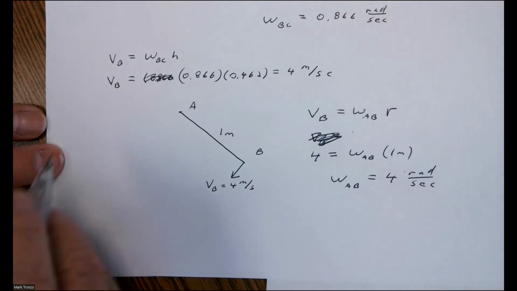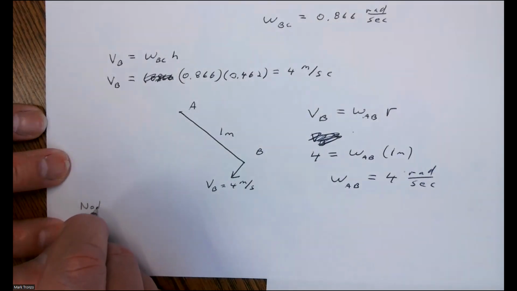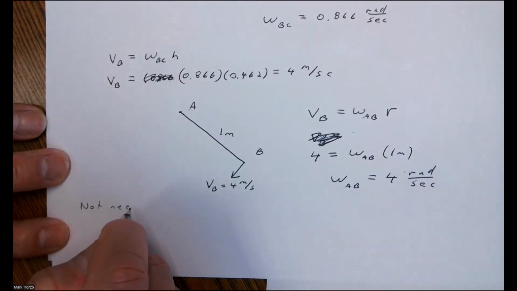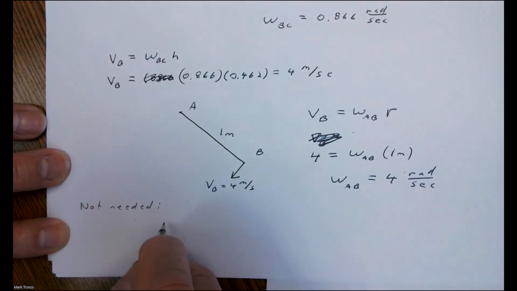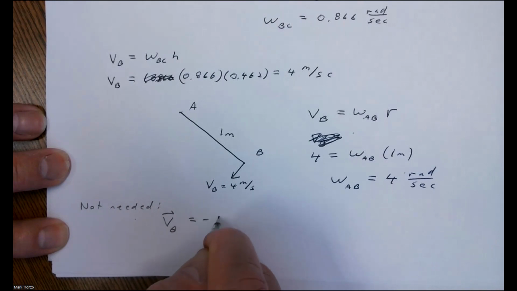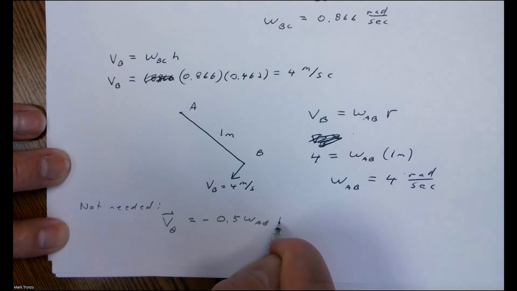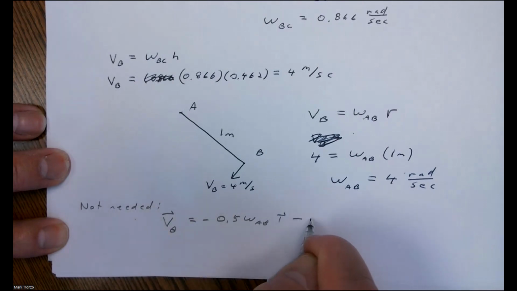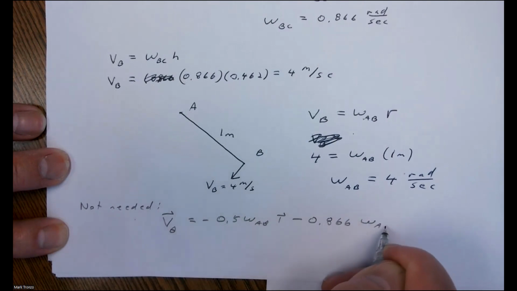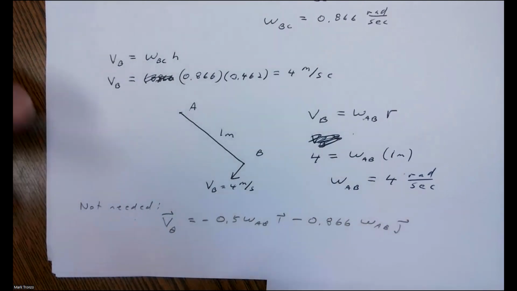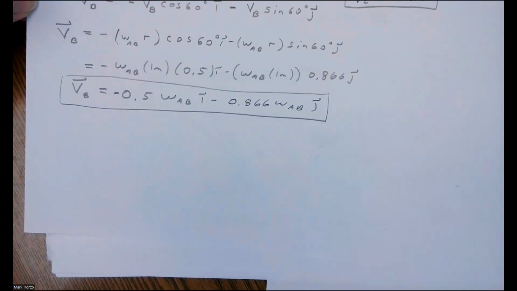So the velocity of B was equal to the negative 0.5 omega AB I minus 0.866 omega AB J, just using what we found previously.